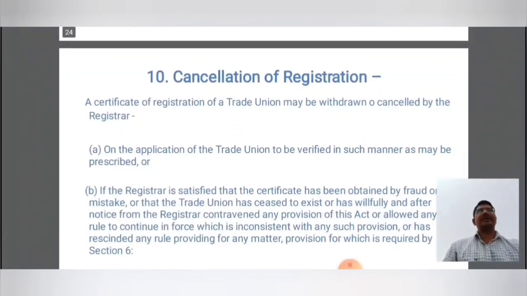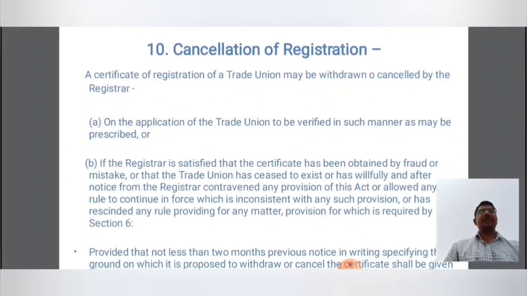Cancellation of registration. What are the provisions under cancellation? A certificate of registration of a trade union may be withdrawn or cancelled by the registrar on the application of the trade union, to be verified in such manner as may be prescribed.